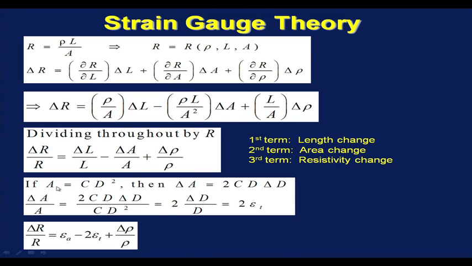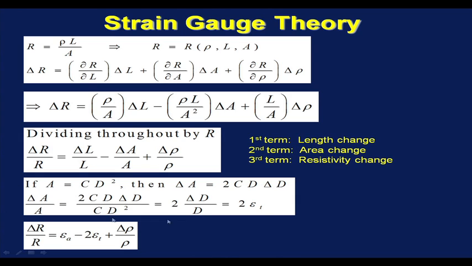If we assume the relationship of area with diameter as A equals some constant C into d square, then you can write delta A as 2 into C into d delta d. So, then it becomes possible for us to find out delta A by A, and we will see that delta A by A is 2 C d delta d divided by C d square, which is 2 delta d by d, and delta d by d is nothing but lateral strain or transverse strain epsilon t.